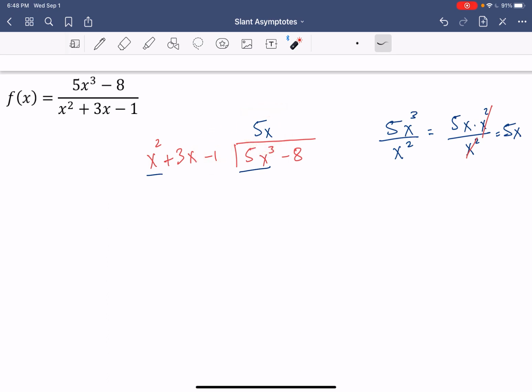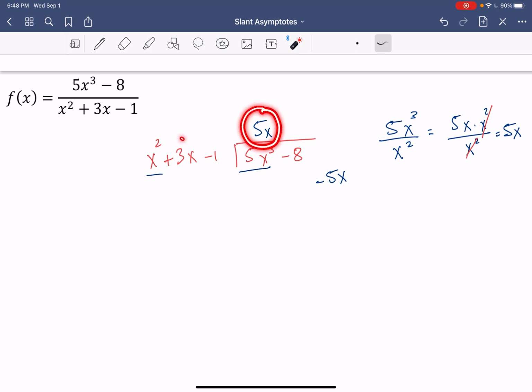Now notice that there is no like terms. So before I was aligning the like terms above each other and below each other, but there's no other, just x. So we have an x cubed and a constant. So I'm just gonna make sure to put this somewhere over here because there are no like terms on that one. So I'll do negative 5x.